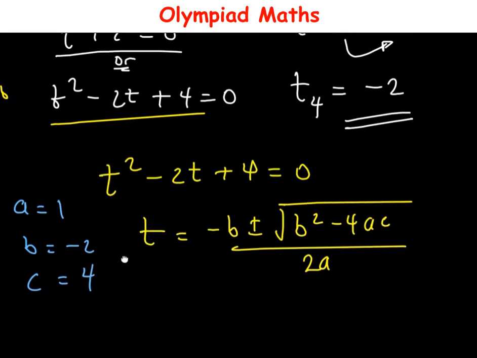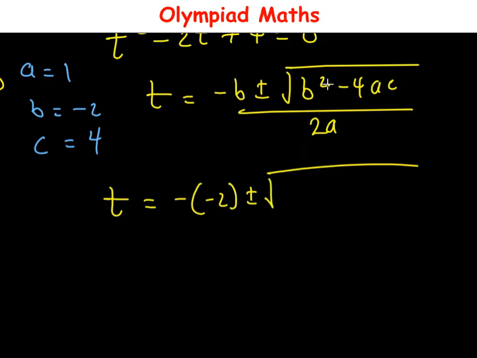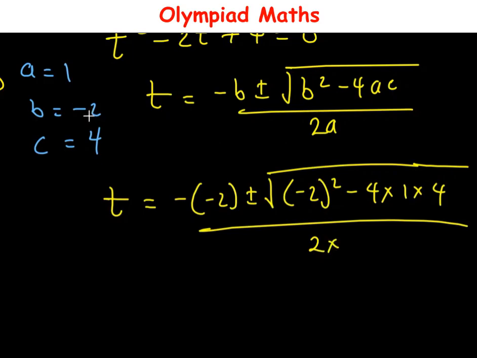So then, to solve for the value of t, the value of t is equal to minus b, b is minus 2, so minus 2, plus or minus square root b squared, b is minus 2, so minus 2 all squared, minus 4 times a is 1 times c is 4, then all over 2 times a is 1.